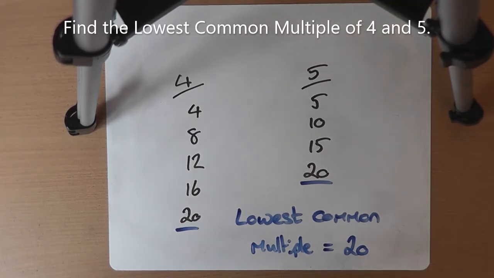It so happens that 4 times 5 is 20. That's not always going to be the case. The two numbers multiplied together will always give you a common multiple, but it won't necessarily be the lowest. But if you need to find lowest common multiple, just list some multiples, few of one, few of the other, until you hit something that's in both lists.